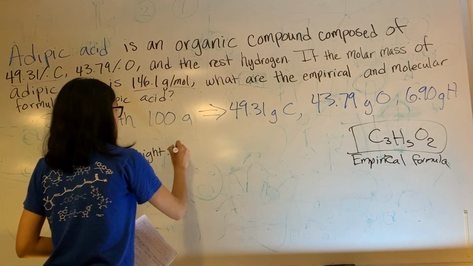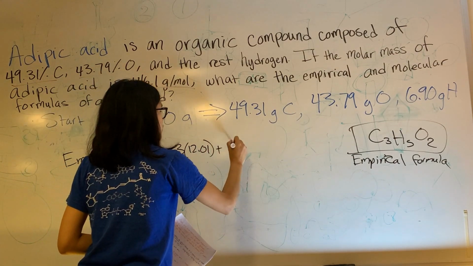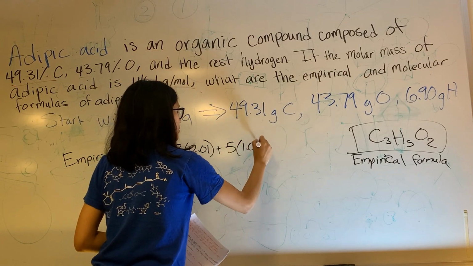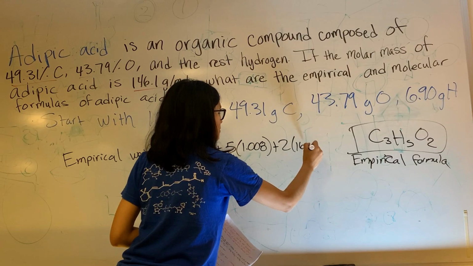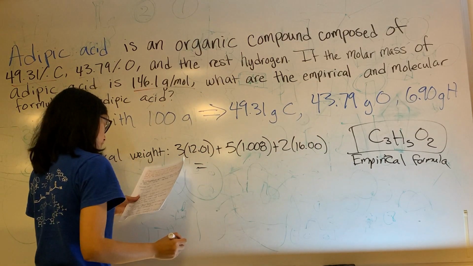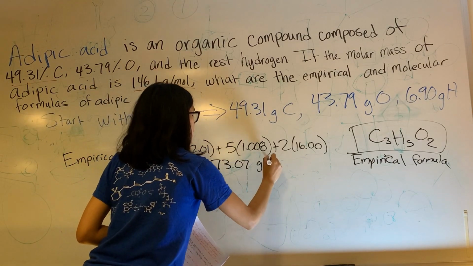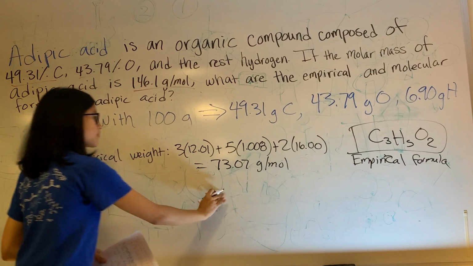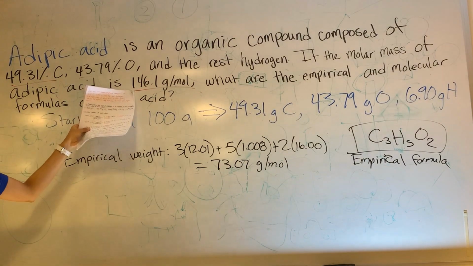So in this case, it will be 3 times 12.01 for the carbons, plus 5 times 1.008 for the hydrogen, plus 2 times 16 for the oxygen, and you come out with 73.07 grams per mole.